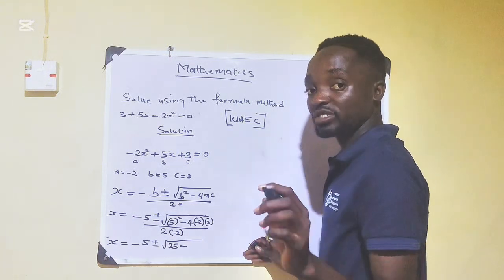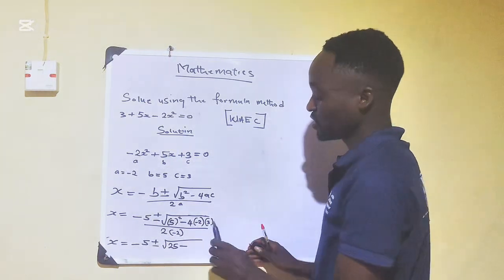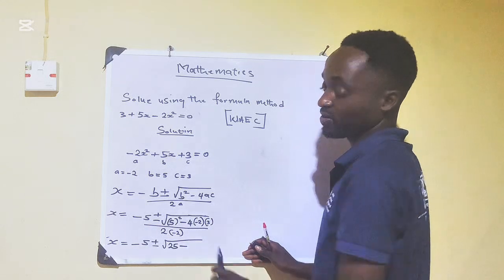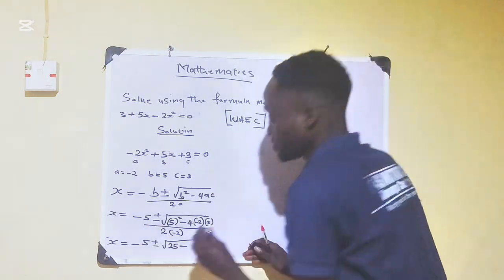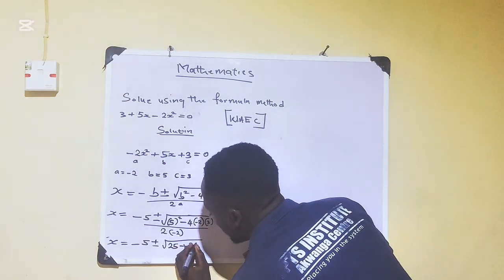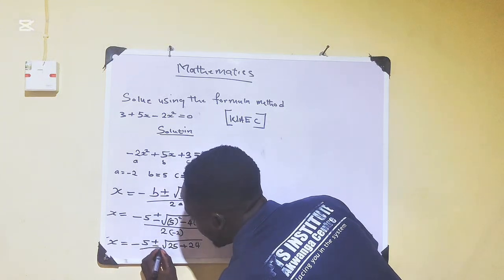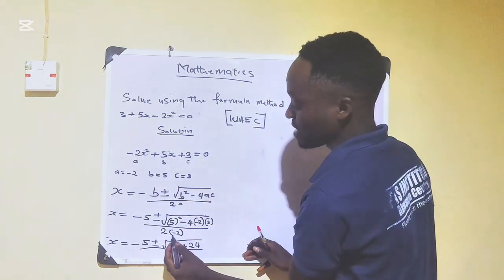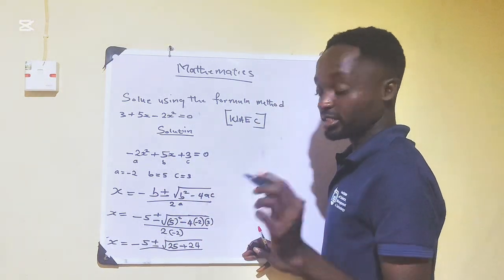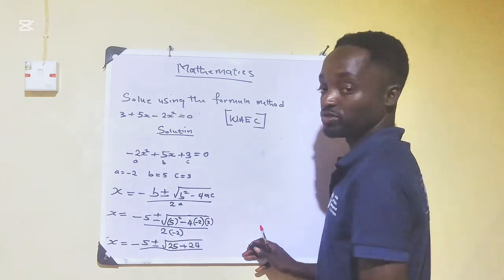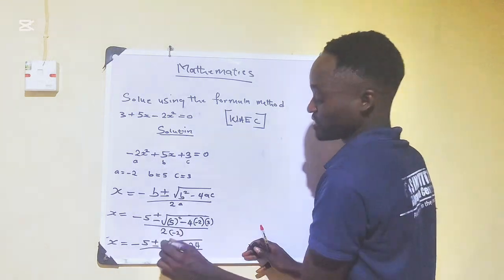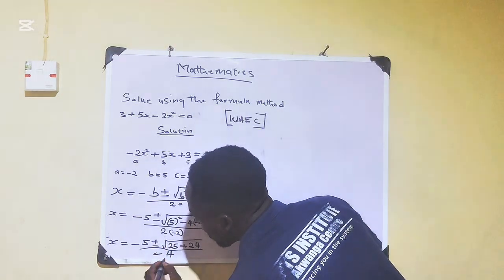Remember, anytime you have minus times minus, it gives you a plus. So that will give us plus 24. Everything here is divided by 2 times minus 2, which will be minus 4.